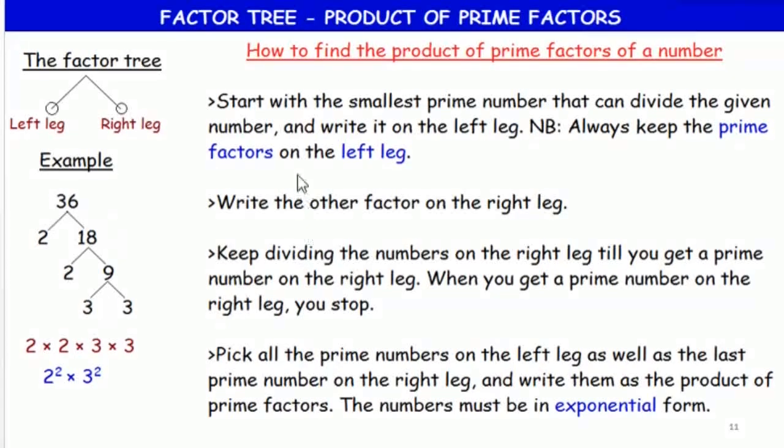Okay, so the first point is always start with the smallest prime number that can divide the given number and write it on the left leg, right? So our number here is 36, so we have to determine the product of prime factors of the number 36, right?